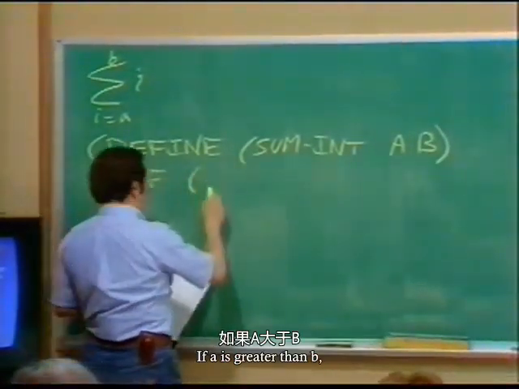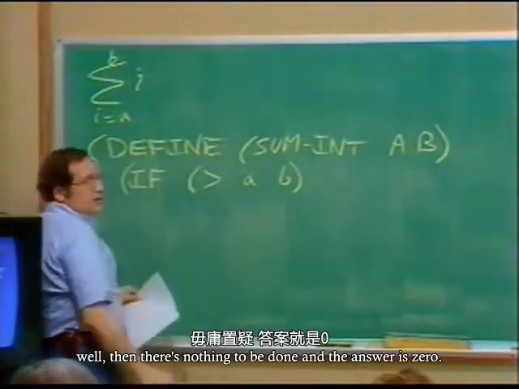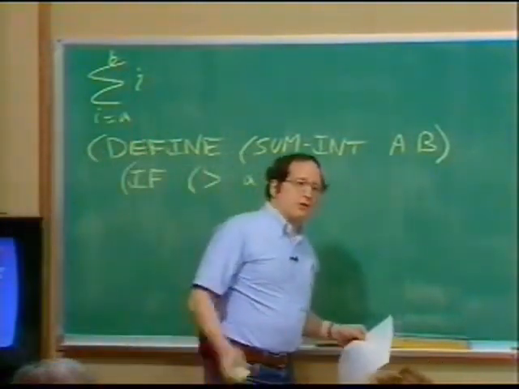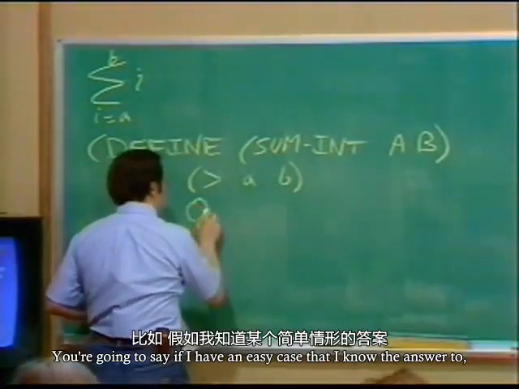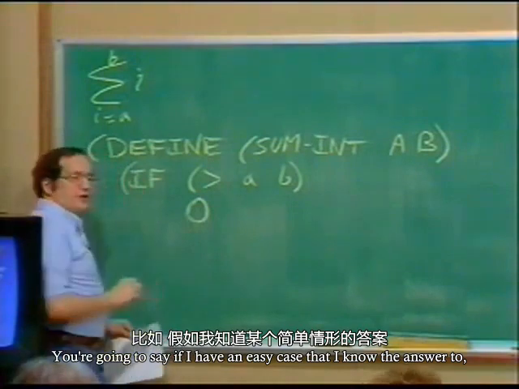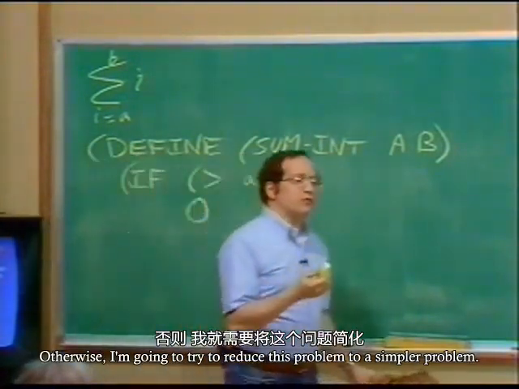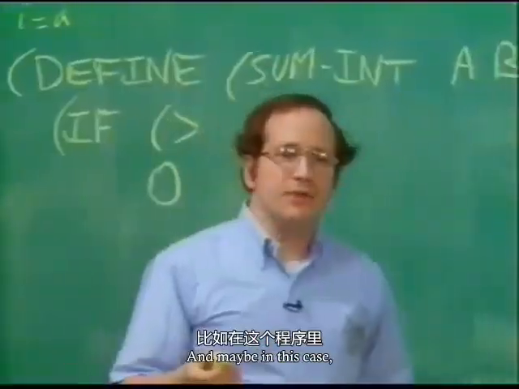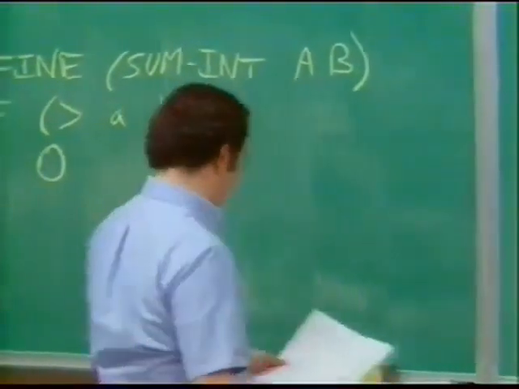If A is greater than B, well then there's nothing to be done and the answer is 0. Okay, and this is how you're going to have to think recursively. I'm going to say, if I have an easy case that I know the answer to, just write it down. Otherwise, I'm going to try to reduce this problem to a simpler problem, and maybe in this case make a sub-problem of the simpler problem and then do something to the result.